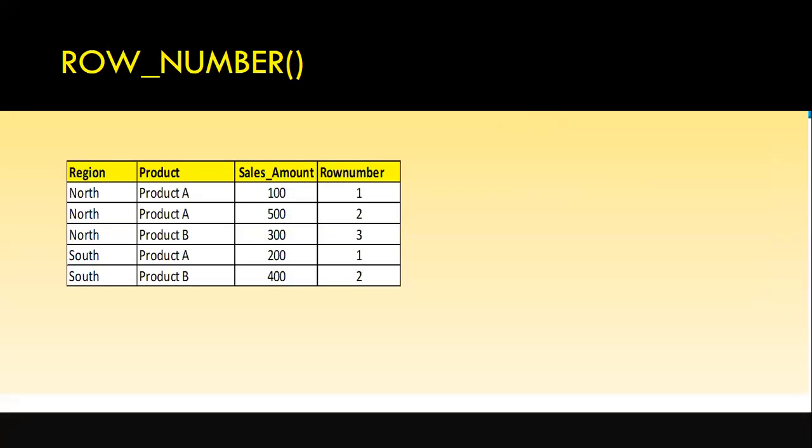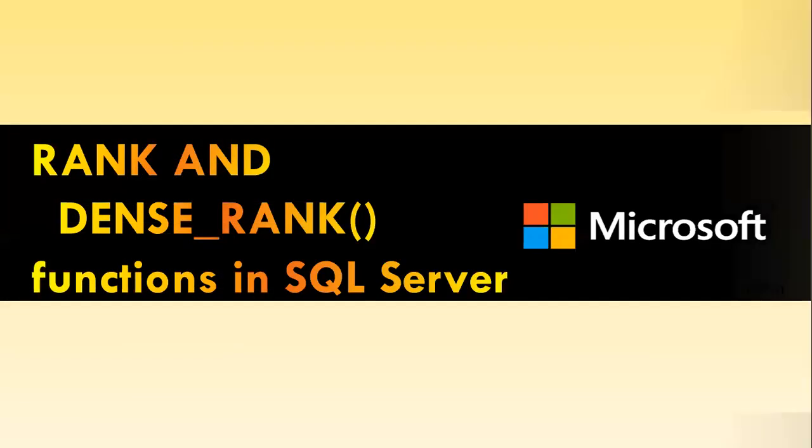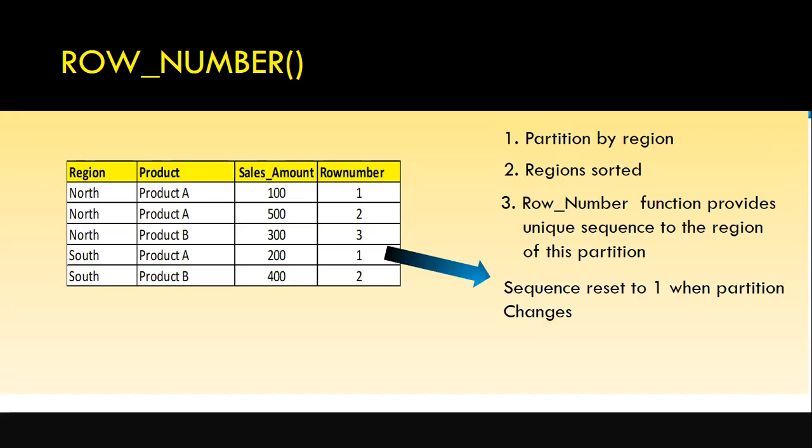So this is what we have seen: partition by region, then sorted by region, and then the third step is the row number function provides a unique sequence within this partition. Once it encounters the next region, the south, the row number sequence gets reset to 1 when the partition changes. The partition in this case is region in this example.